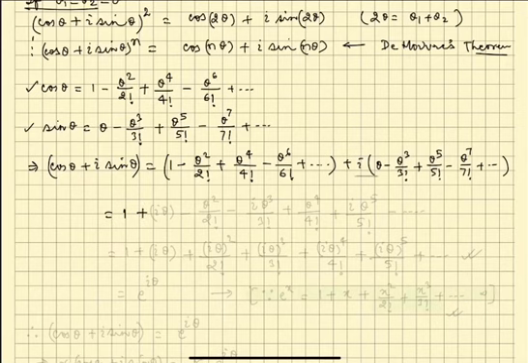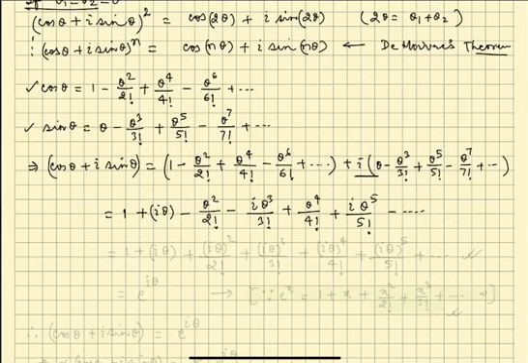Opening the brackets of the two brackets, what I am going to get is 1 plus i theta, and then minus theta squared by factorial 2 minus i theta cubed by factorial 3 plus theta to the power 4 by factorial 4, and i theta to the power 5 by factorial 5, and in similar fashion.